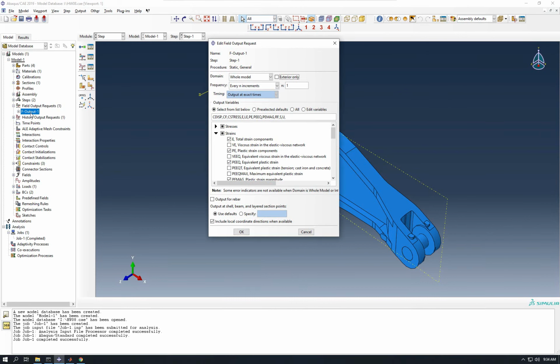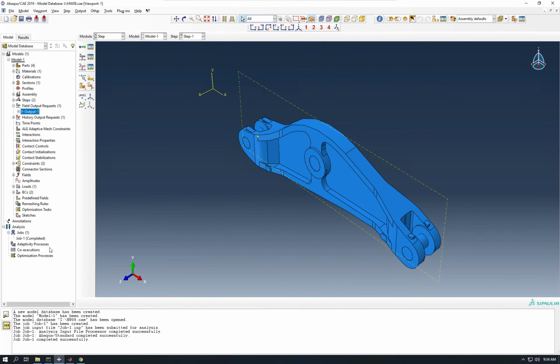Double click on this and you will see these. Expand the strains, and this total strain components option is automatically inactive. You have to check this, then click OK, then submit your job and run it. I already did that, so I'll go directly to results.